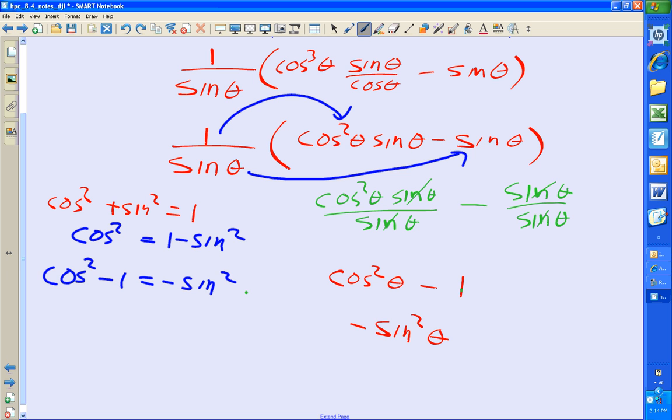But you want to intuit when you see this as being something that might have come from here. So can I manipulate this so that one side looks like this? The answer in this case was yes. But if it was cos squared plus 1, with a plus sign, that would fall apart.